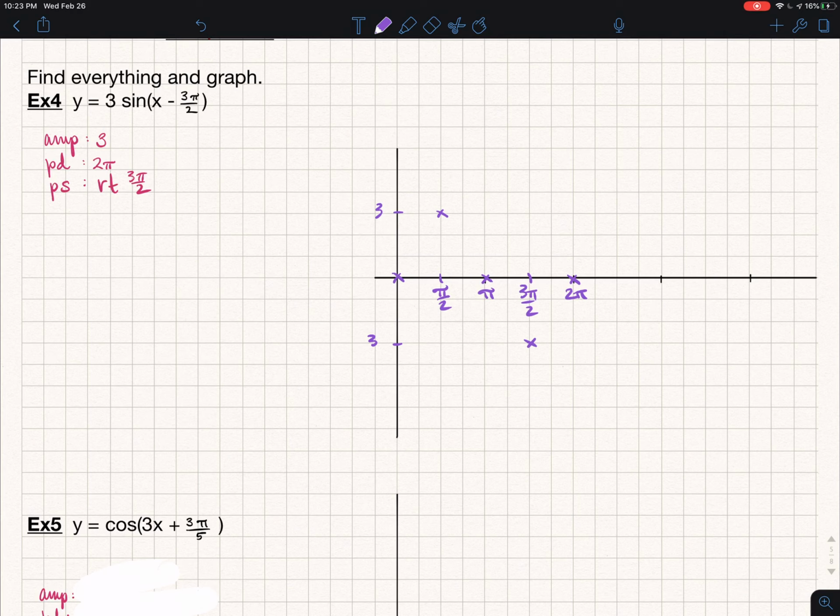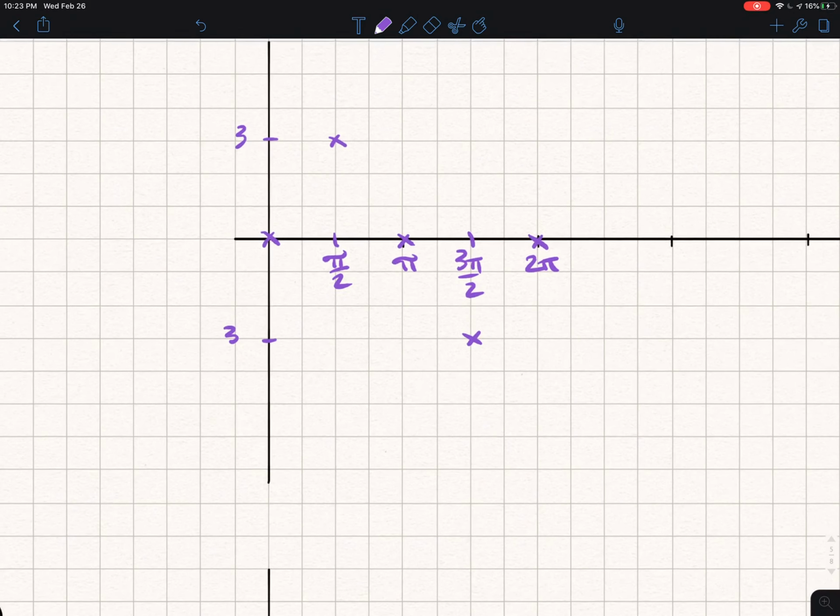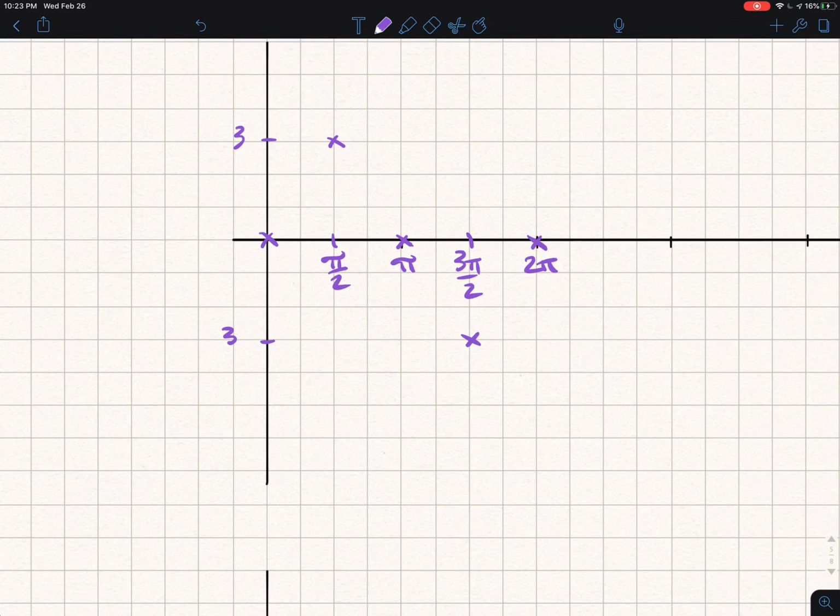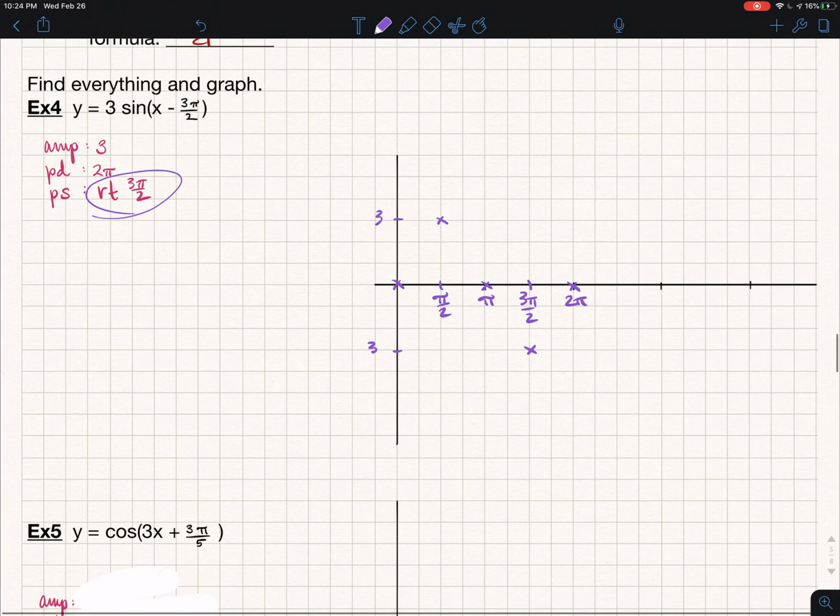Now all 5 of those values need to be shifted to the right a distance of 3 pi over 2. Look at my graph. How many blocks is 3 pi over 2 worth? It's worth 6 blocks. So you want to take all 5 of your magics and shift them to the right 6 blocks. I'm going to do this one by one. So let's start at the beginning. Let's start at the origin.